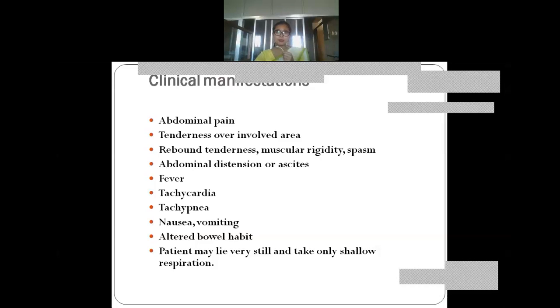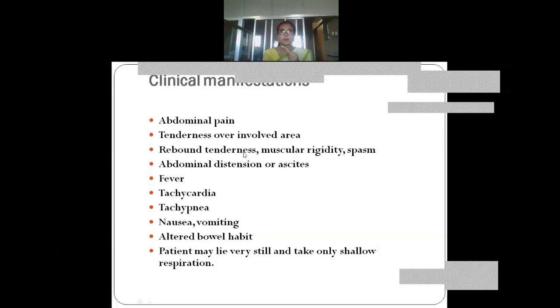And tenderness means, suppose you are just sitting there and you don't feel any pain, but if you touch your abdomen and feel pain, that is tenderness. Are you all clear on the difference between pain and tenderness? Yes, ma'am.